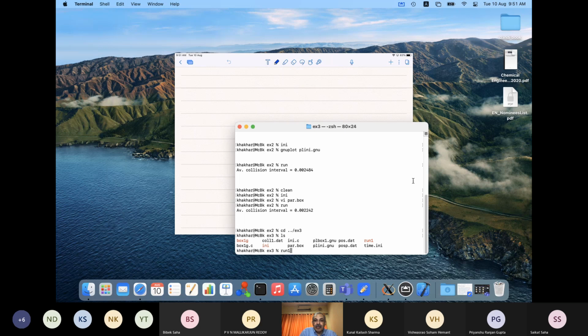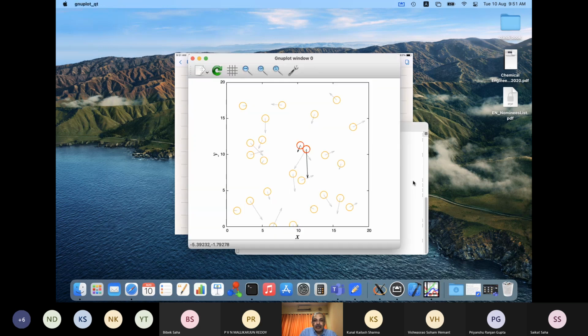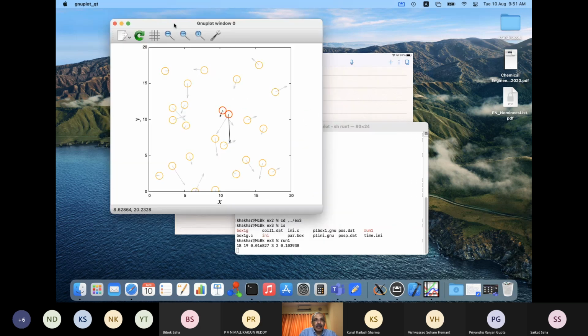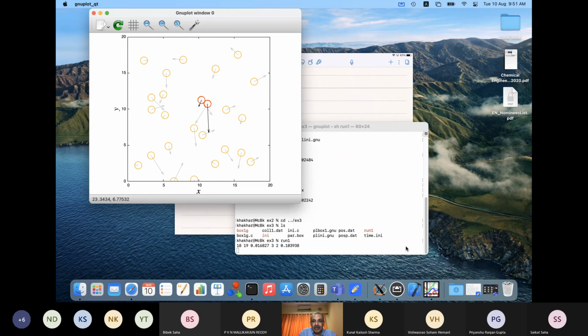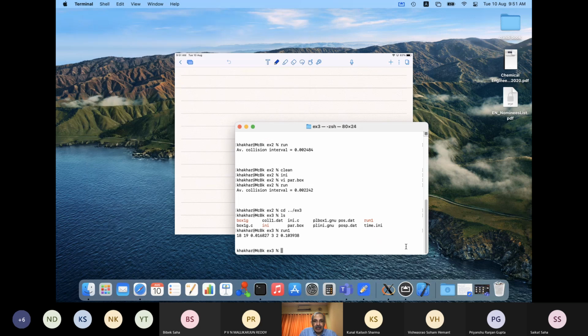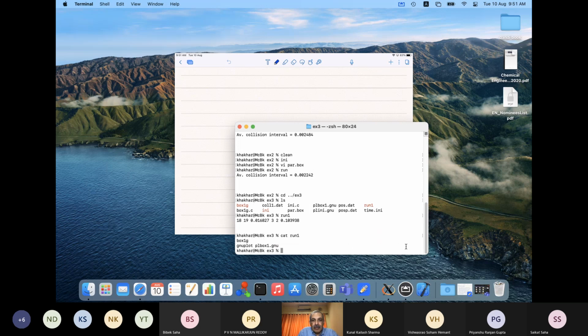So if I do run 1, you see that these particles have a different set of particles. Actually, it starts the same way. I'll just do it again.